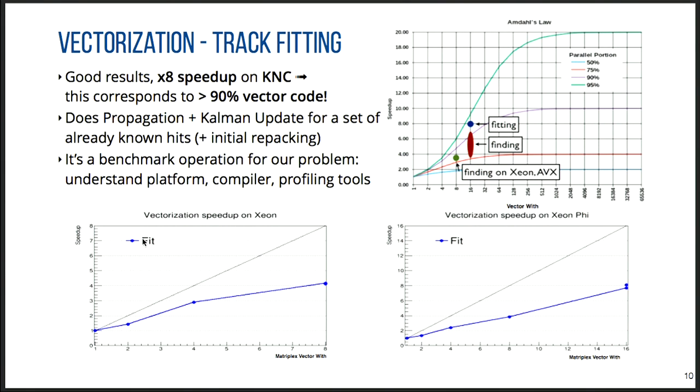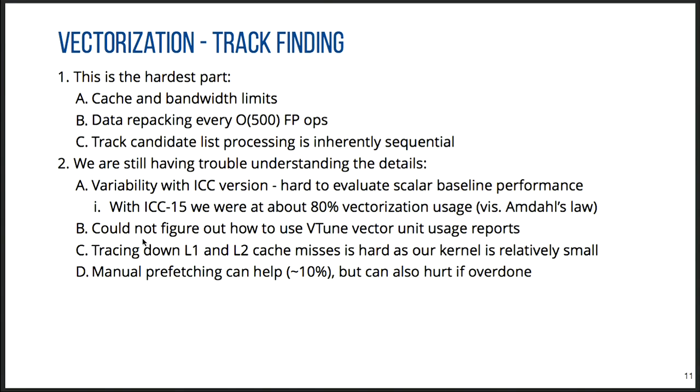If you look at vectorization for the fitting, fitting actually looks very good. If you move from 256-bit to 512-bit vectors, you almost get twice the performance for the fitting vectorization. Finding is more complicated; it's constantly shifting. So we have tons of problems here and still have tons of things to understand.